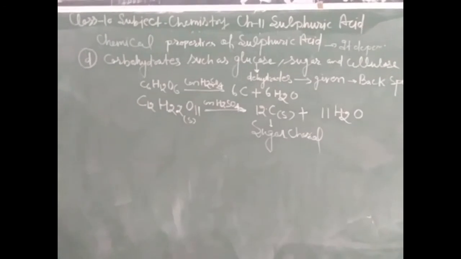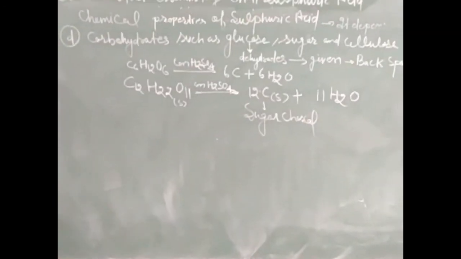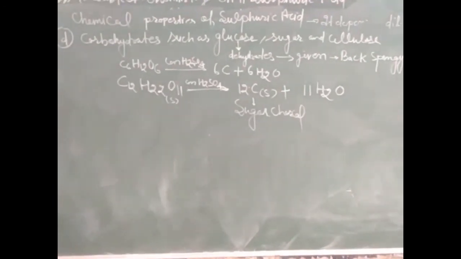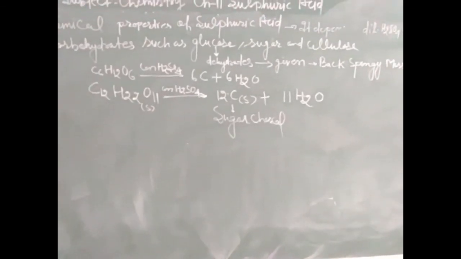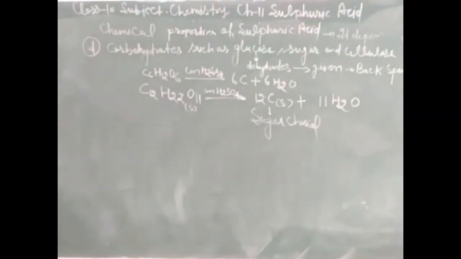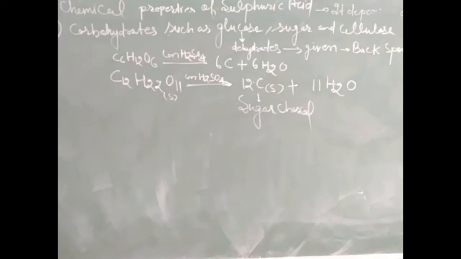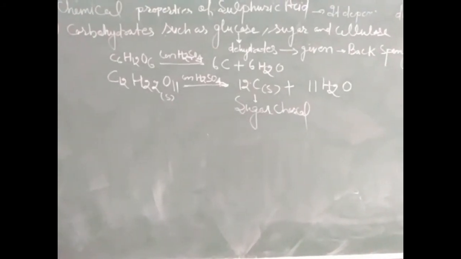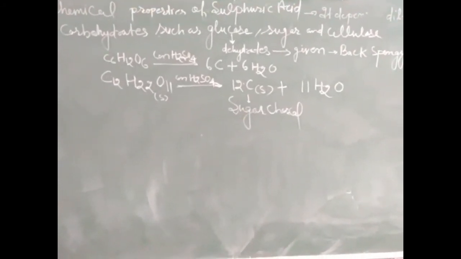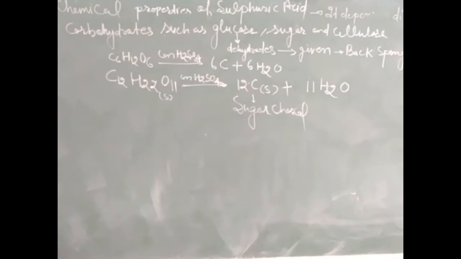Now dear students, we can watch the next dehydration property, that of carbohydrates such as glucose, sugar and cellulose. As we know, glucose with concentrated sulfuric acid dehydrates to give a spongy mass of carbon, that is black carbon, along with removal of water.